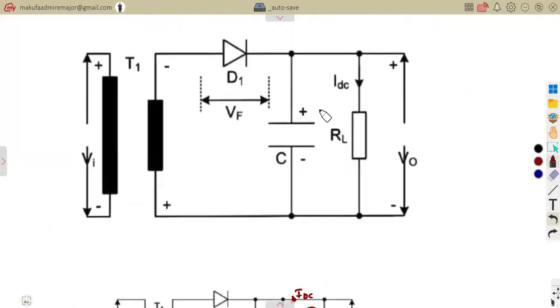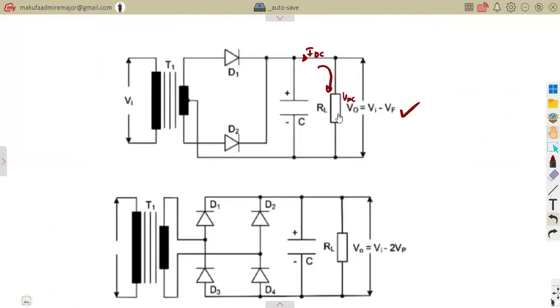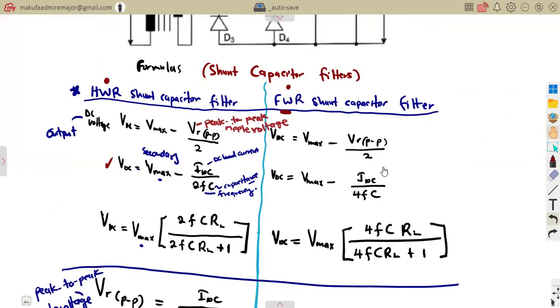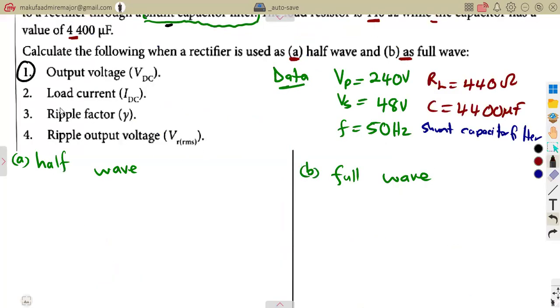What is important is that we have the capacitor and the load resistor in parallel. That's for a shunt, and we are going to consider your formulas in both cases.